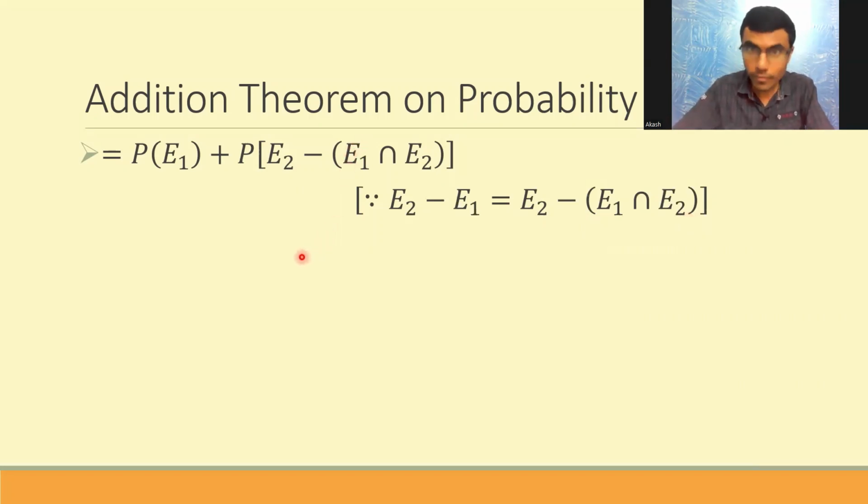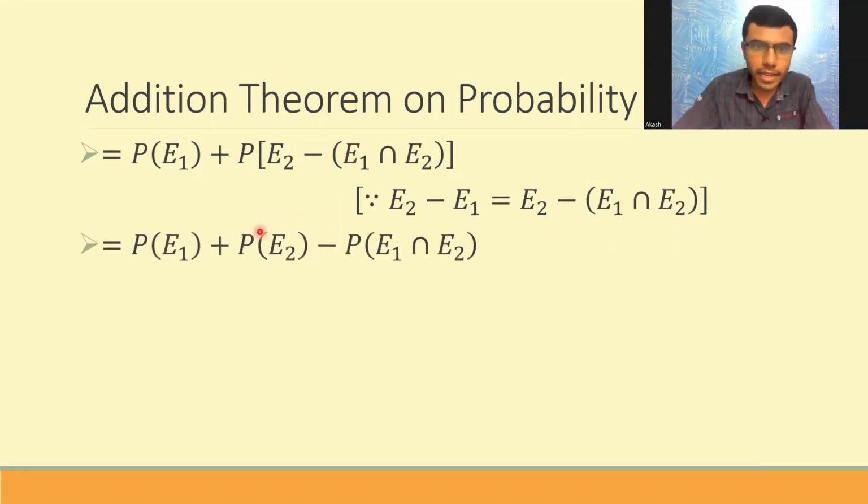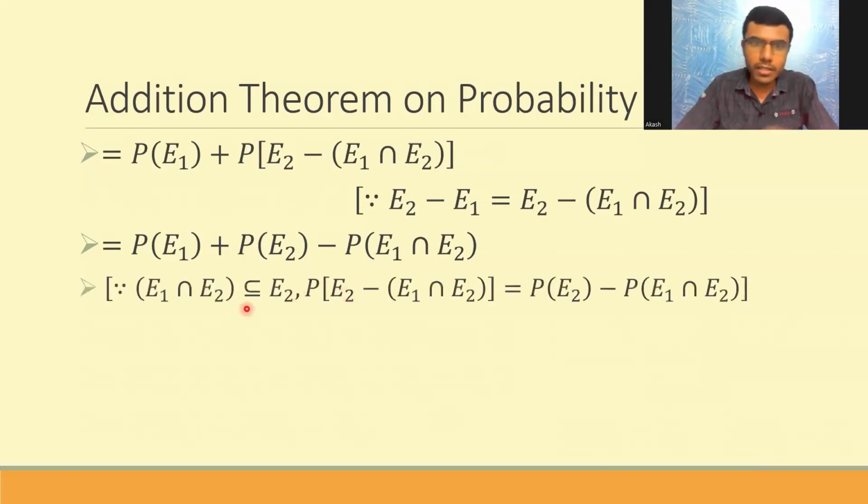Now this very important statement I can write directly as P of E2 minus P of E1 intersection E2. Why, you might ask? There is a theorem, already proved in the text. If you observe, E1 intersection E2 is a subset of E2. Whenever it is a subset of E2, P of E2 minus (E1 intersection E2) is going to be P of E2 minus P of E1 intersection E2.